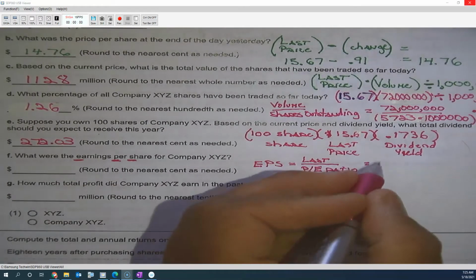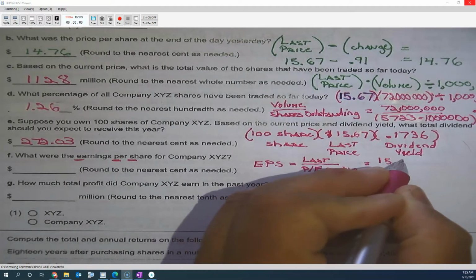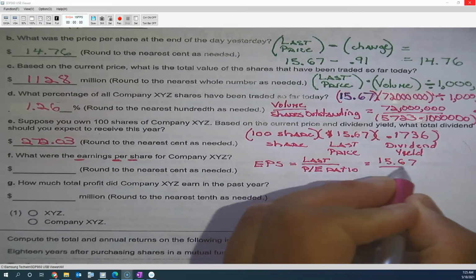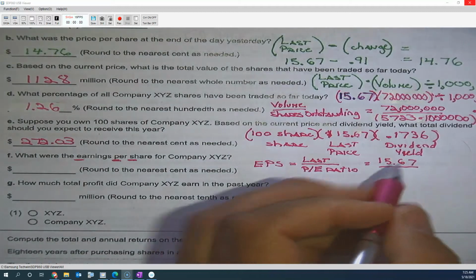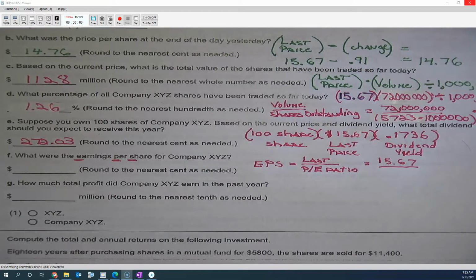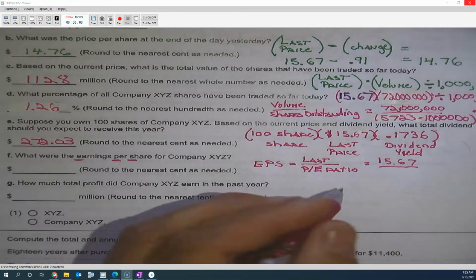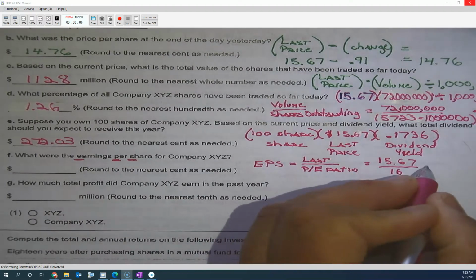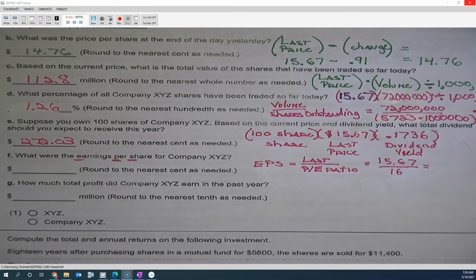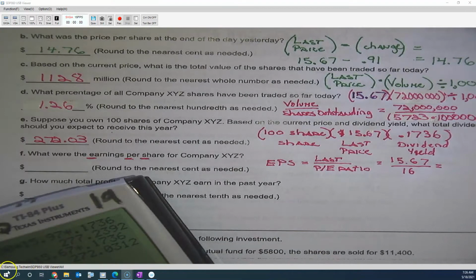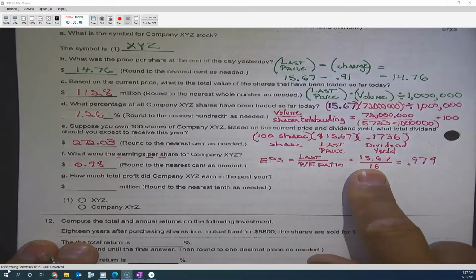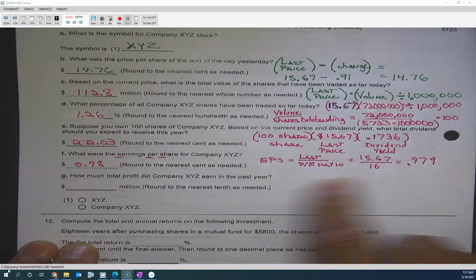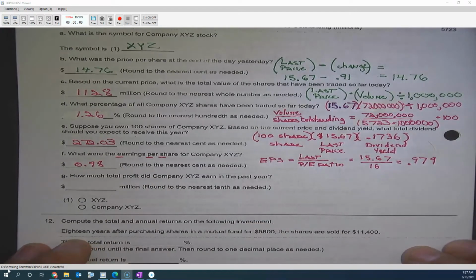Okay, so then our last price was $15.67. The PE ratio, oh, it got stamped. I'm going to guess that, let's just say it's 16. You can't really read it. So. All right, and now divide that out. Okay, so I divided that out here, got 0.979 and rounded it to 98 cents.